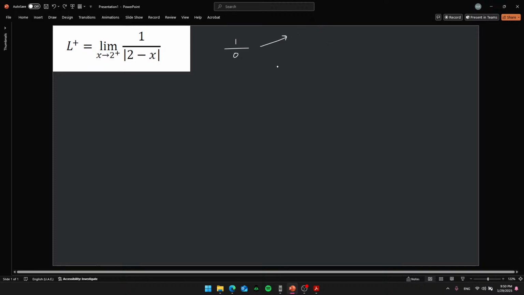Okay. Now we have an absolute value function, so we need to rewrite it. Remember how we can rewrite it. We just multiply by the same sign of the x, so 2 minus x, then flip the sign for the bottom function.